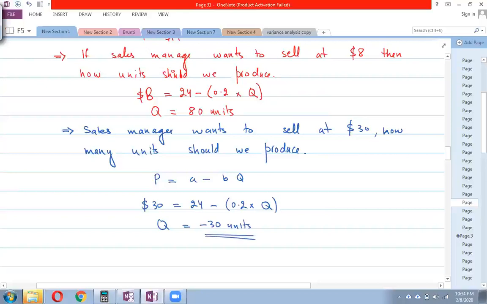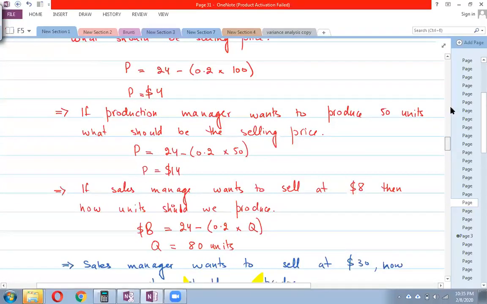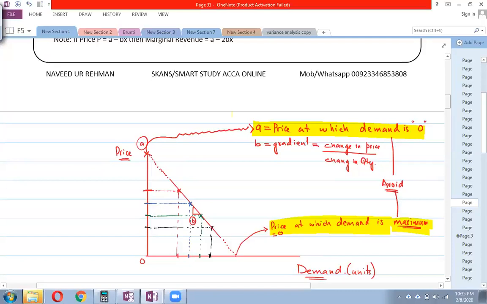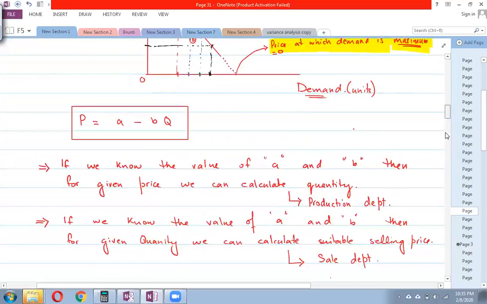Do you know why you are getting minus 30 units? Well, minus 30 units, of course, this is wrong. Because the price is actually more than the maximum price. The price at which demand will be zero is 24.